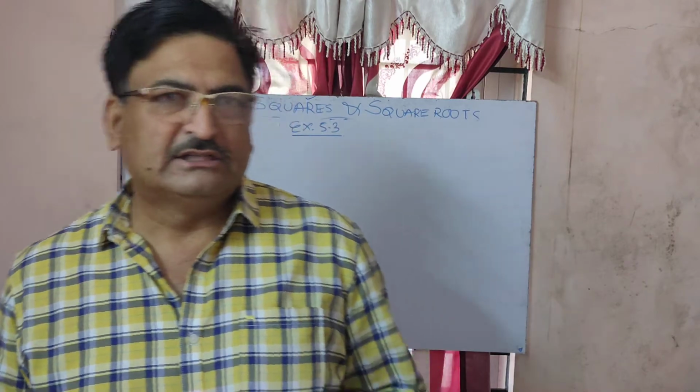These are all square numbers. Now the question is, what could be the possible ones digit of the square root? If there is a square root of the given number, what could be the last digit of that square root number?